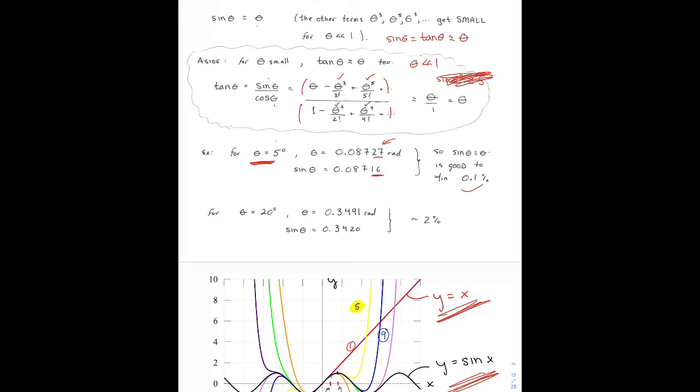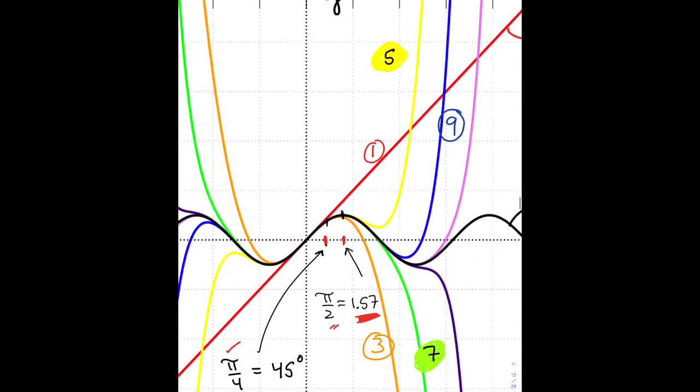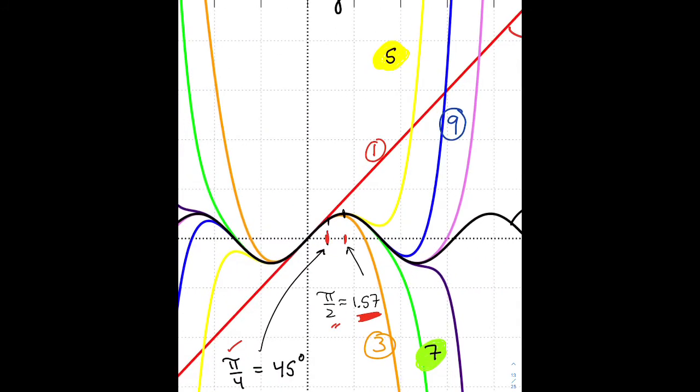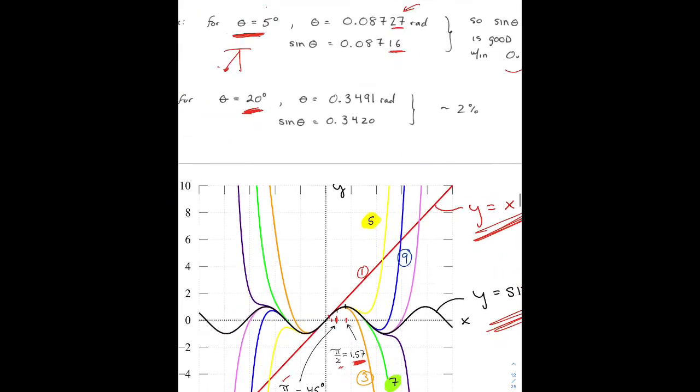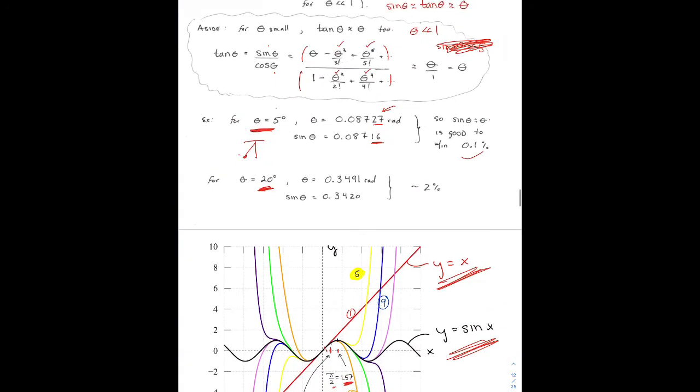Now I go to a bigger angle. I pull my pendulum back to 20 degrees. Remember, where was 20 degrees? That was 45, that's 22.5, so 20 degrees should be pretty good. If I convert 20 degrees to radians, remember, multiply by pi over 180, and hit the sine button on your calculator, the number on your screen changes from 3491 to 3420.